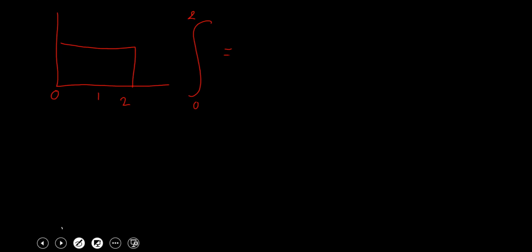Can I say it's from 0 to 1 and 1 to 2, or do I say it's from 1 to 2 from the beginning, from 0 to 2? Do I need to divide it? No, teacher, because we have only one shape, so there's no need to say it's from 0 to 1, then from 1 to 2. I will say it's only from 1 to 2, which is area 1.